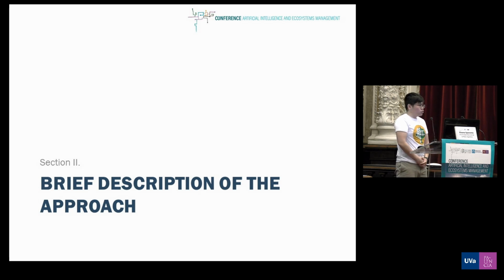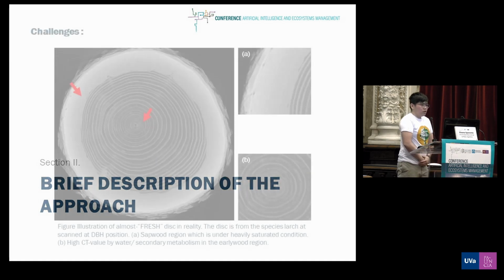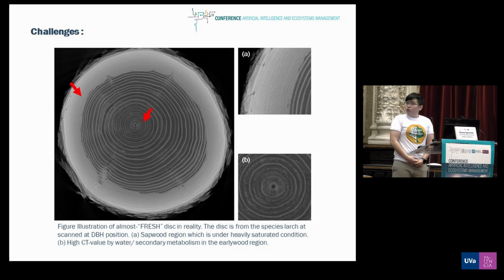Now I'm going to briefly introduce what I'm currently doing in the algorithm for tree ring detection, pith detection, and so on. I want to introduce what happens if you have a fresh disk scanned from the CT image. As everyone already knows, CT image is strongly density related. We all know there are sapwood and heartwood.